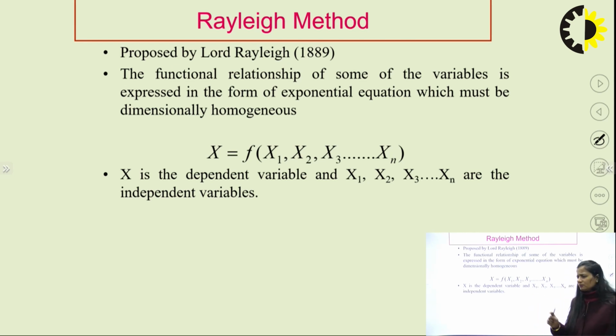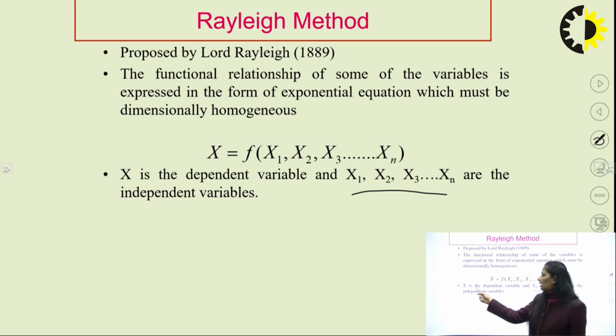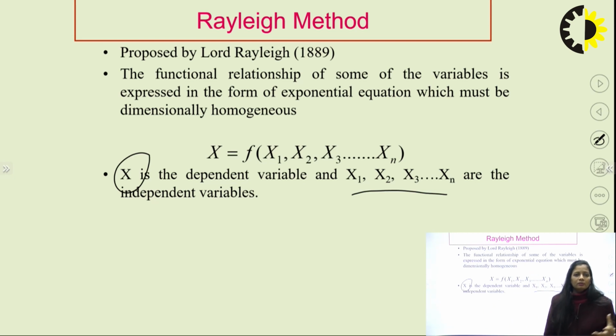For an example, let any fluid phenomenon have a number of variables, let us suppose x1 to xn. These x1 to xn are your independent variables, and x is your dependent variable. What do we mean by dependent variable? Actually, x depends upon the values of x1 to xn.